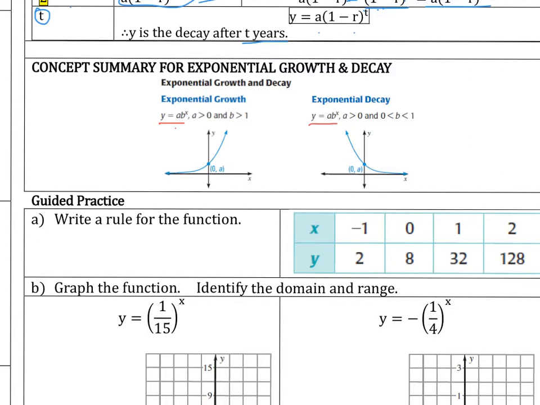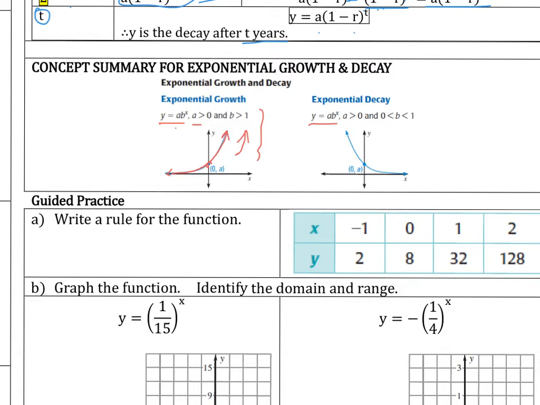A must be positive and b must be greater than 1, and the graph would always curve from left to right and upwards. The growth is shown in this part of the graph, and it will always go through a point that crosses the y-axis.